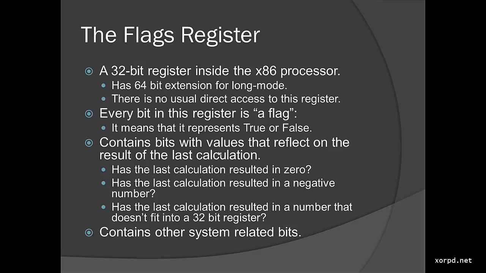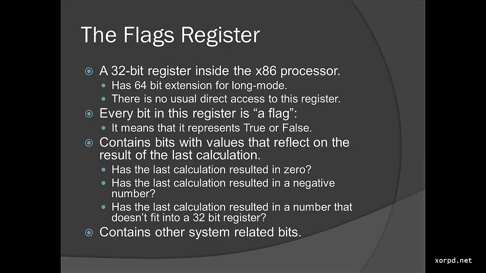The flags register. The flags register is a 32-bit register inside the x86 processor. Actually, as usual, it has a 64-bit extension for the long mode. Although, I think that at least at this point, in 2014, the 64-bit extension for the flags register doesn't actually have any new flags.